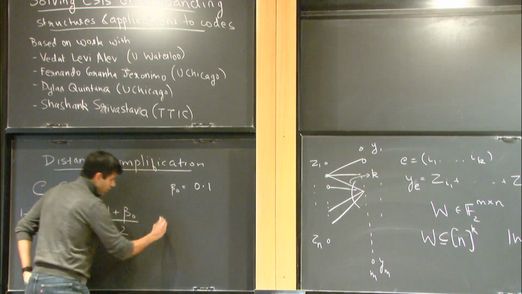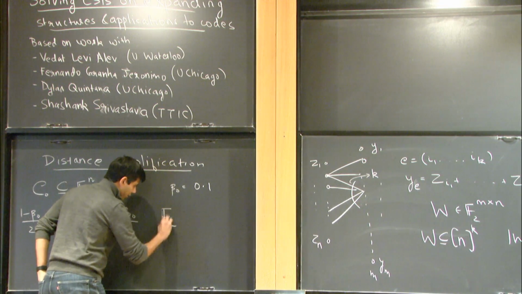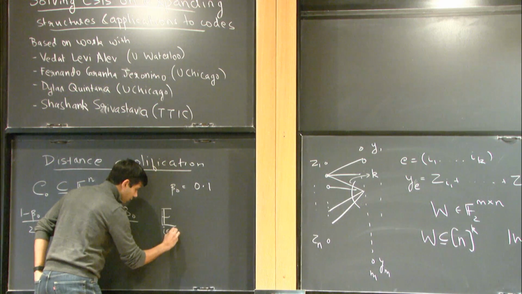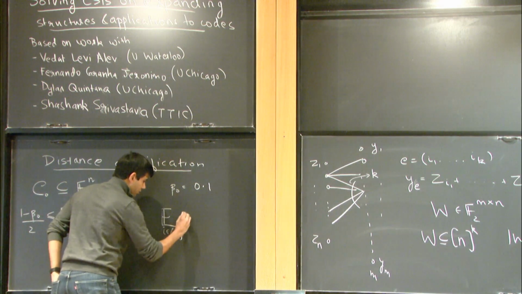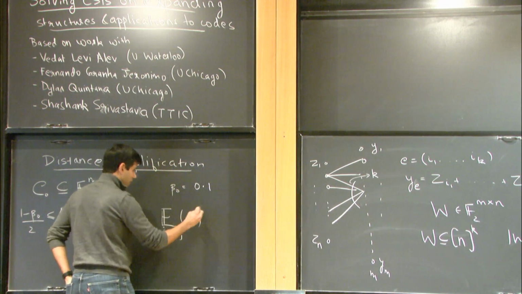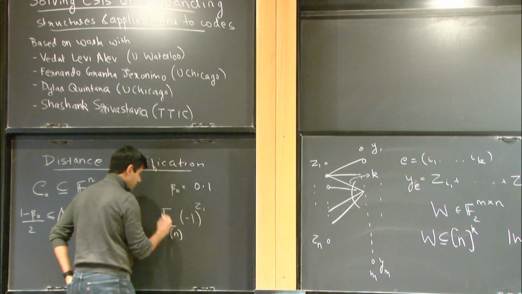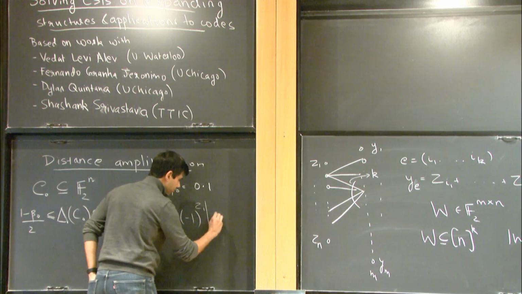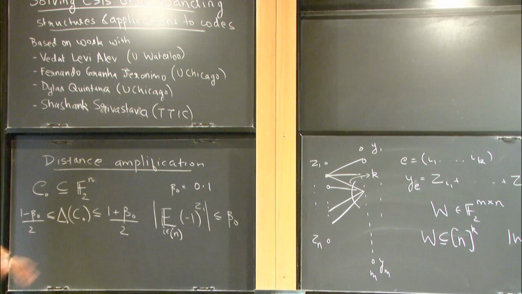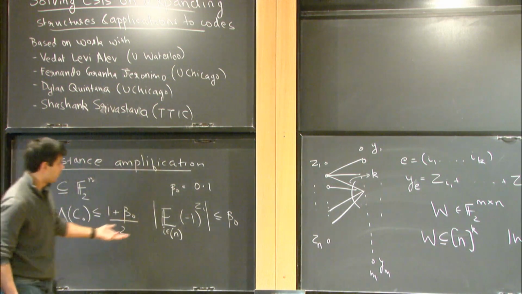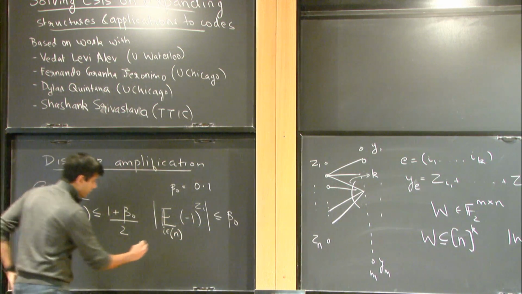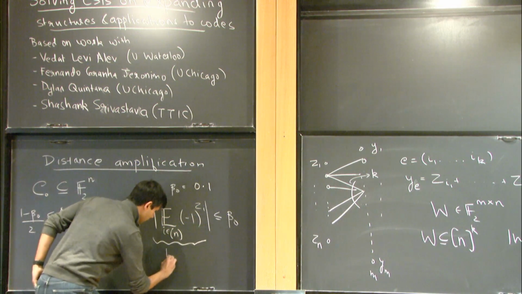So I can use this to say that if I look at the number of zeros minus the number of ones, or the fraction of zeros minus the fraction of ones, then the difference is at most beta 0, and I'll work with this parameter instead of the distance explicitly. I'll just call this the bias of the code.